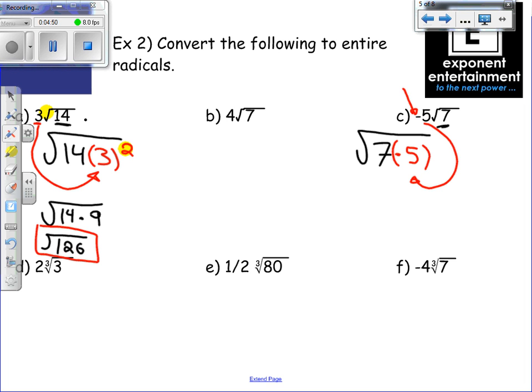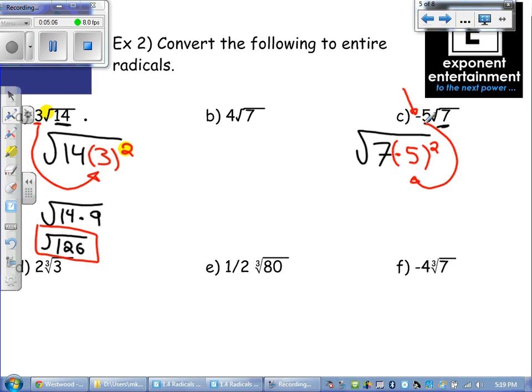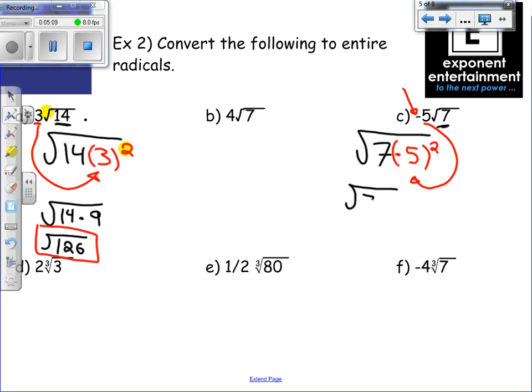So we need to put it to the power of 2 because the index is equal to 2. If the index was equal to 3, we would have to put it to the power of 3. Again, do your simple computation. So you can get the square root of 7 times 25. It's 25 because negative 5 times negative 5 gives you a positive. 7 times 25 gives you the square root of 175.